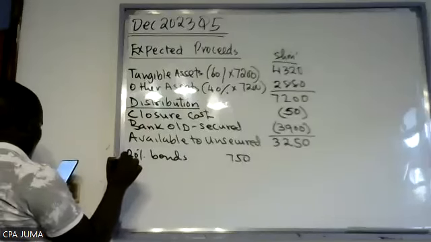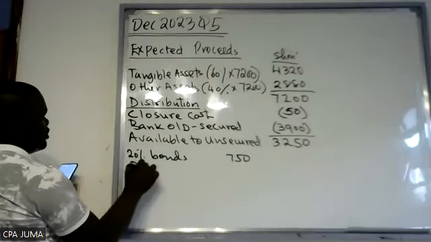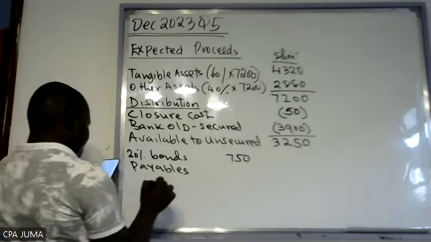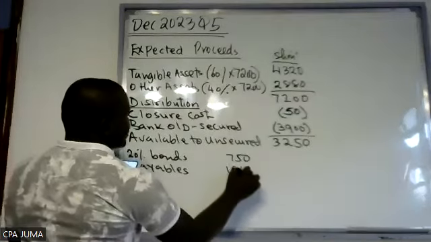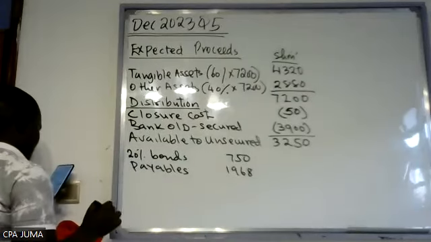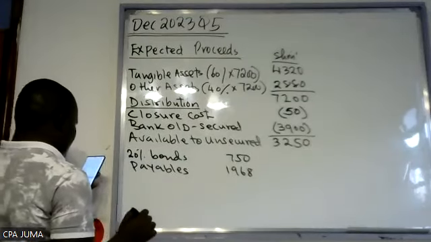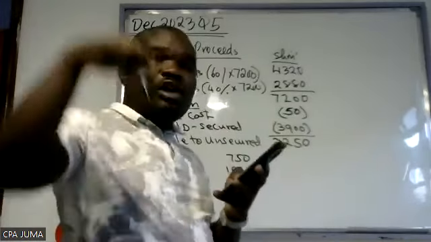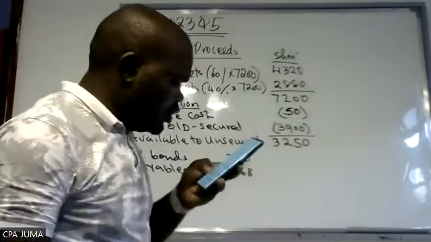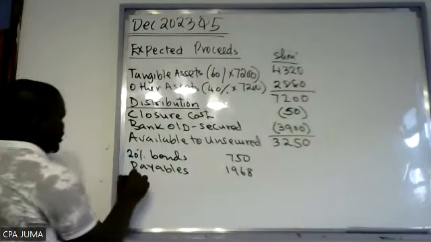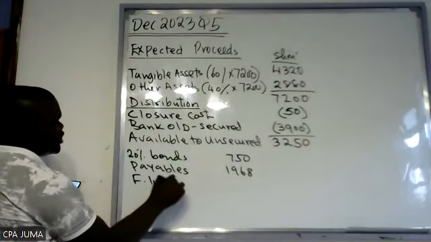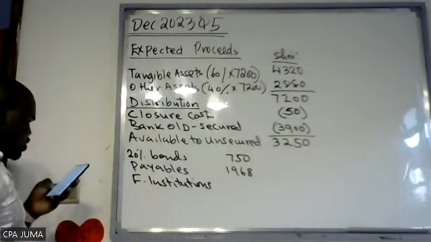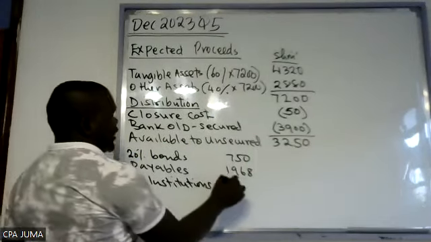We have payables, 1968. After the bank overdraft, down there is the loan from financial institutions, 925.